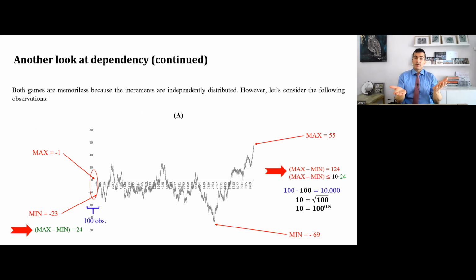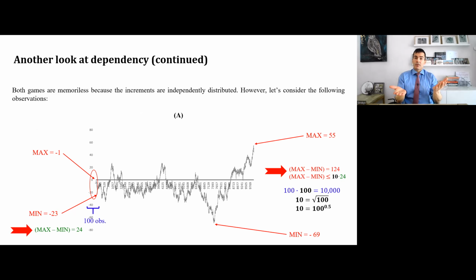But let's consider now the following observation. We consider now the cumulative path of one iteration having 10,000 observations, 10,000 coin tosses. How does the payoff evolution look like for one of these games?